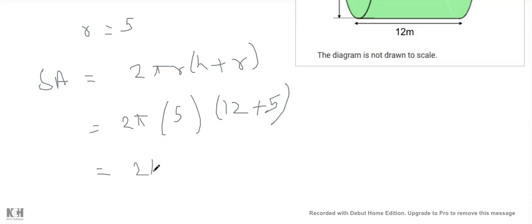This becomes 2 pi, 5, 12 plus 5 is 17, 2 pi, 17 into 5 is 85, 85 times 2 is 170, and pi remains as it is.